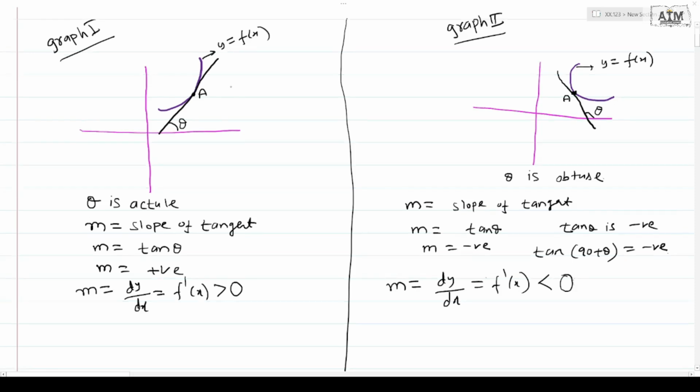In such conditions, graph 1, that is y equals to f of x, is said to be an increasing function. And graph 2, that is y equals to f of x, is said to be a decreasing function.